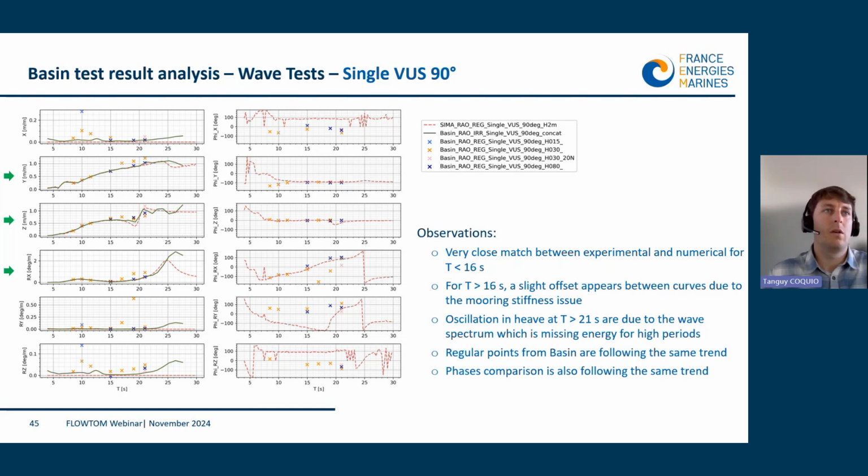So it's a hybrid representation, and we can see that we have a very good match between the numerical models and the basin tests, which is confirming the hypothesis of not recalibrating the model from the decay test.